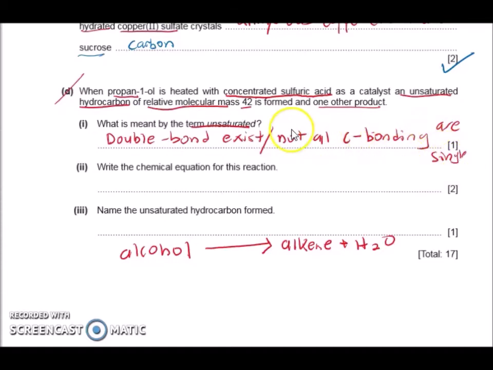If all of the carbon have single bondings, it means it's saturated. Okay, write the chemical equation for this reaction.